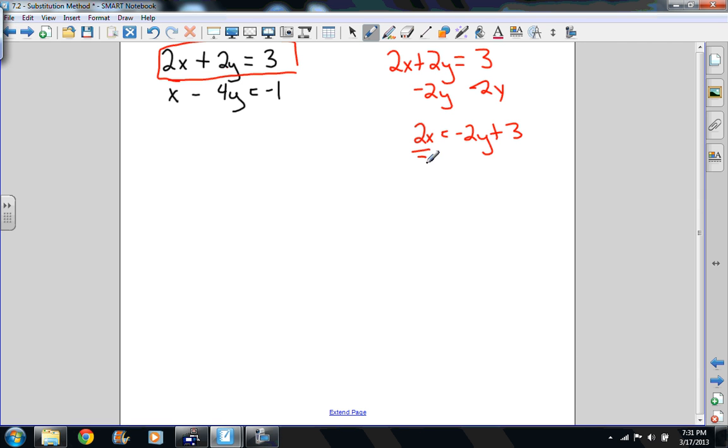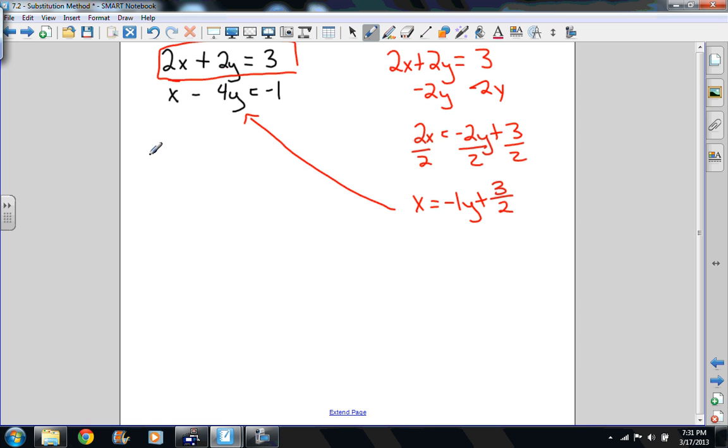Now I divide by 2, or you can do the heart method, depending on how that looks for you. So I get -1y plus 3 over 2, or the decimal 1.5. Either way will be fine. I take that, and I plug it into the other equation, not back into the equation you already used.